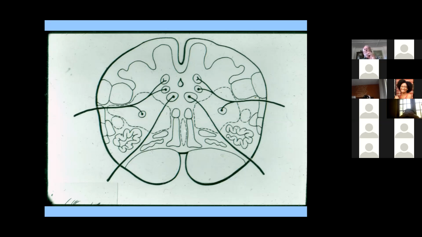Then in 1971, another Swede by the name of Urban Ungerstedt. And then in 1976, two other Swedes, Olle Lindvall and Anders Björklund, basically went and did a series of studies that literally identified some of the neurochemical makeup of these neuroanatomical structures.